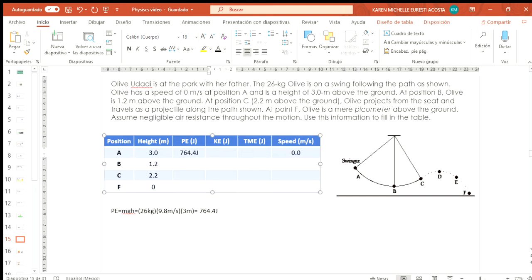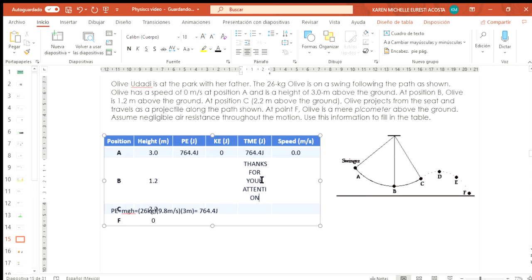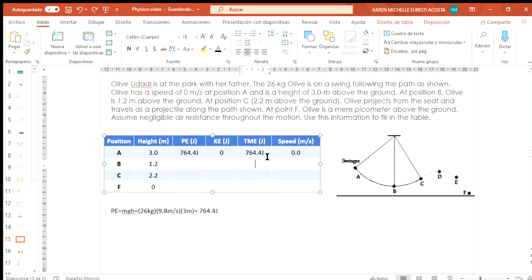The total mechanical energy sums these two variables, so it will be the same, 764.4 joules. And this is always the same, so all the mechanical energy is 764.4 joules.